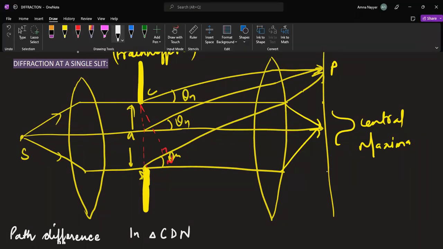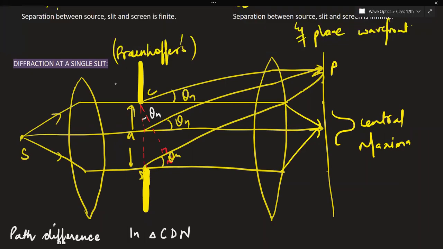So class, if you look at this triangle that is formed, this angle is also theta n, and these are also theta n. Theta n, randomly I have taken. Now in this triangle, sine theta will be perpendicular by the hypotenuse. The perpendicular over here will be DN, and the hypotenuse will be CD.